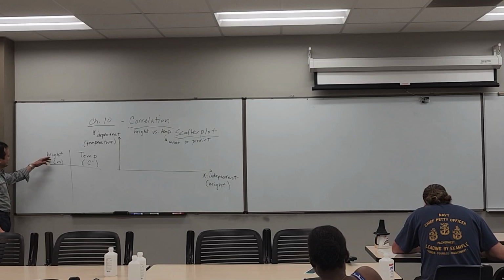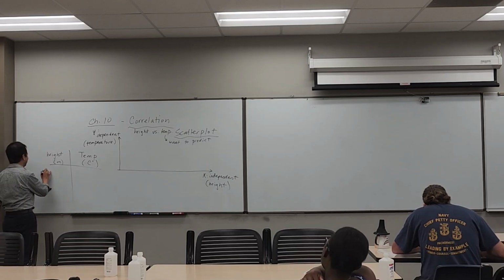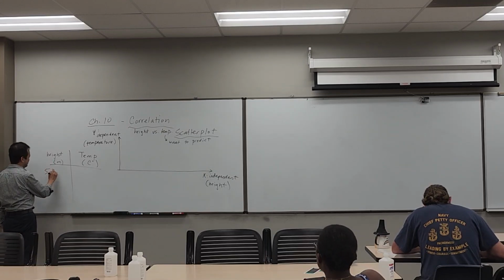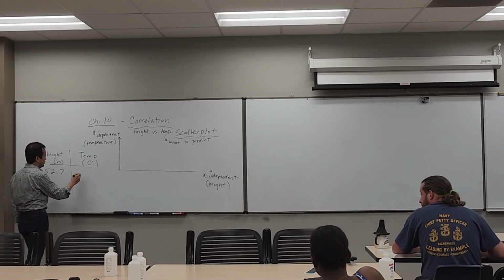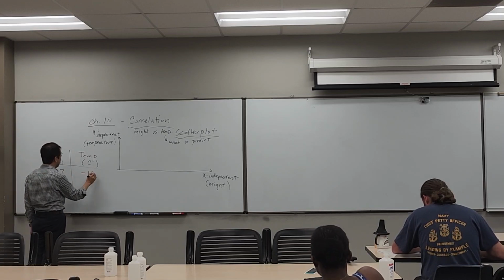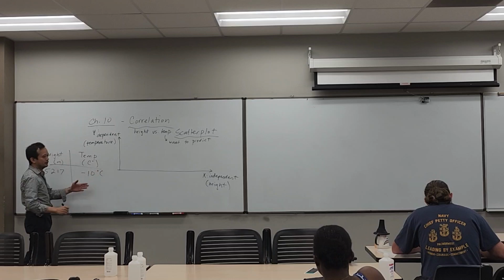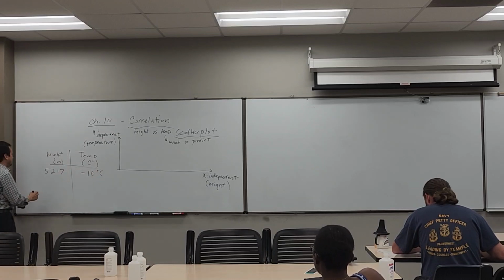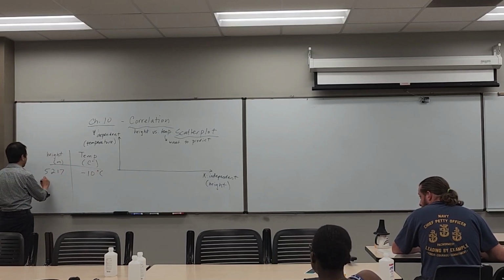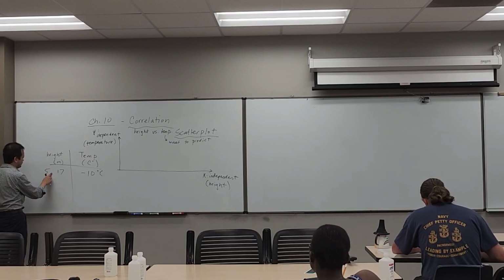Let's say the height is 5217 meters, and the temperature is -10. That's one data point that we have. Another data point is 5817.